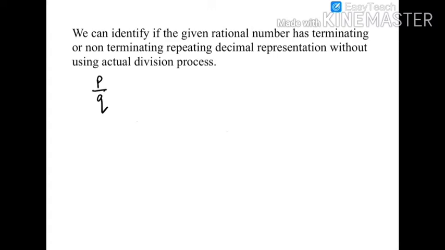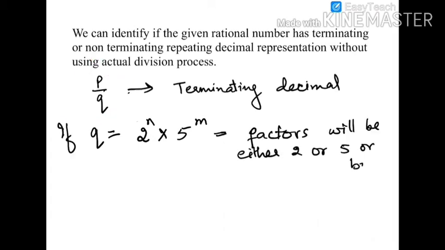If the denominator Q can be expressed as product of prime factors 2 or 5 or both, then this number will be a terminating decimal. But if there is any other number other than 2 or 5, then P upon Q becomes non-terminating decimal.